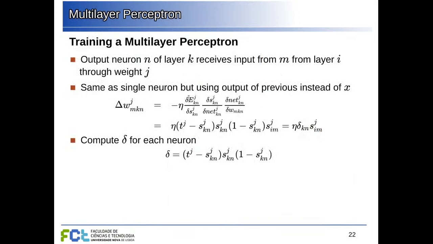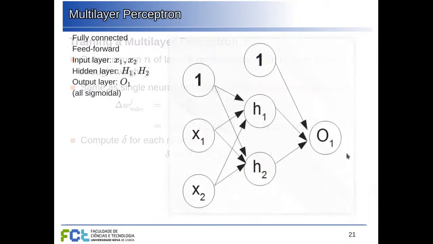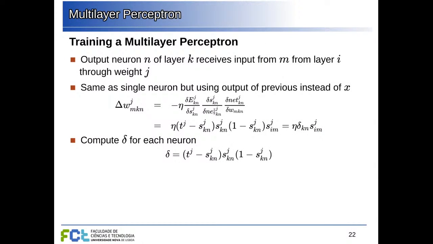We have the derivative of the quadratic error between the output and the target value, and then the derivative of the sigmoid and the derivative of the sum, and we have the same expression.